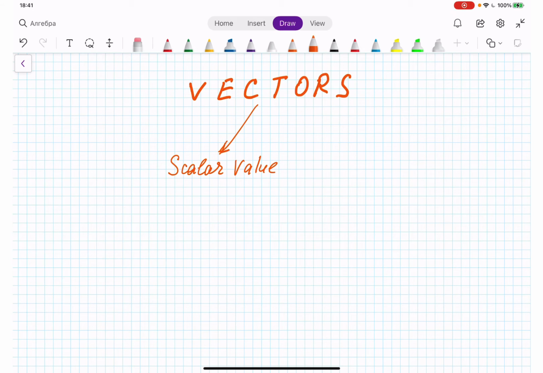For example, what other scalar values can there be? Mass, work, electric charge. They are not directed anywhere, right? They are characterized only by numerical value.